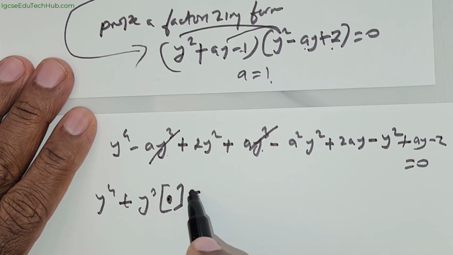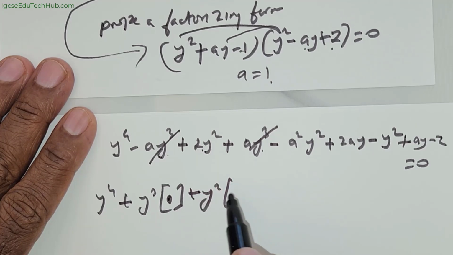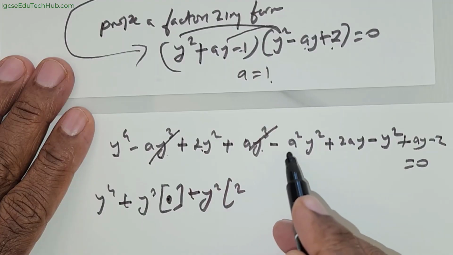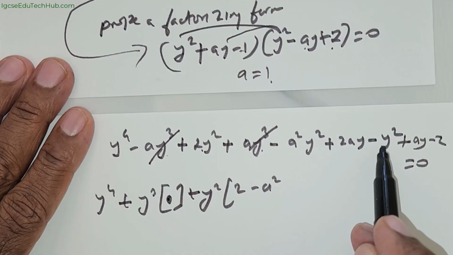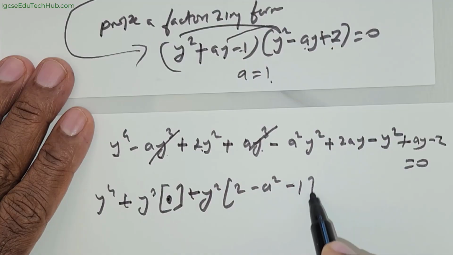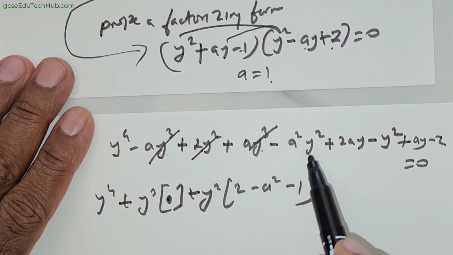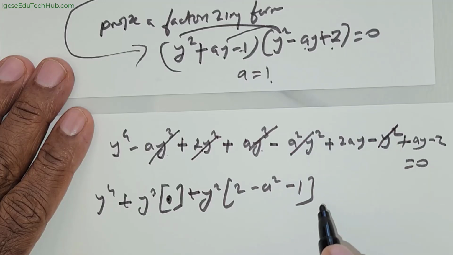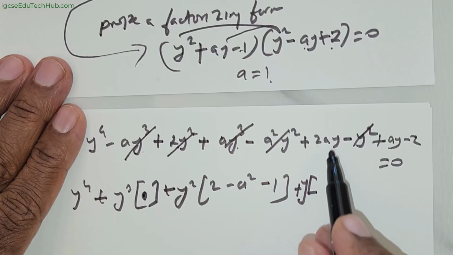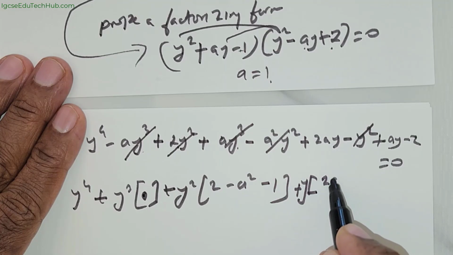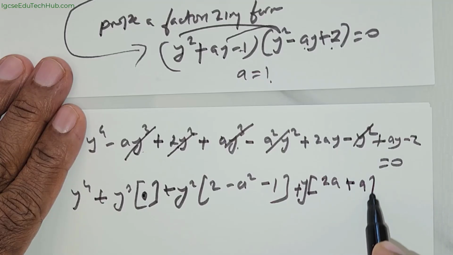And let's handle y squared. For y squared, what do you have? You have 2 and minus a squared, and anything else? Minus 1. So this is gone, this is gone, this is gone. And the y term: I got a 2a and an a there, right?